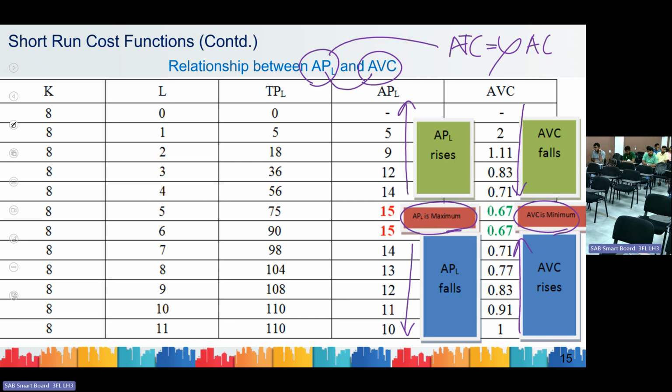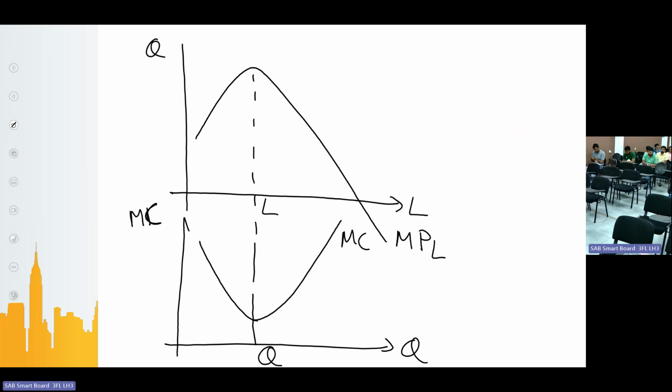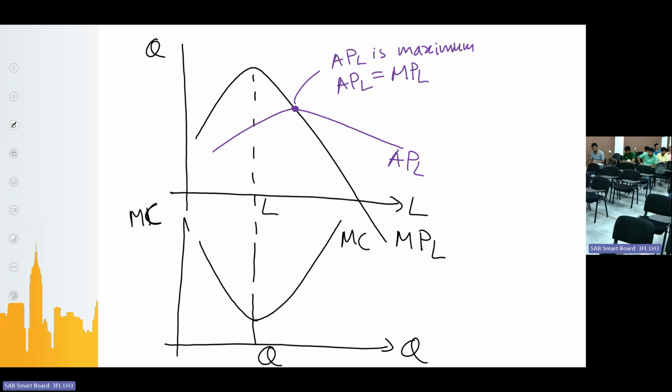We can show it in the graph like this. This is APL. This is where APL is maximum. At the same time, APL is equal to MPL at this point.